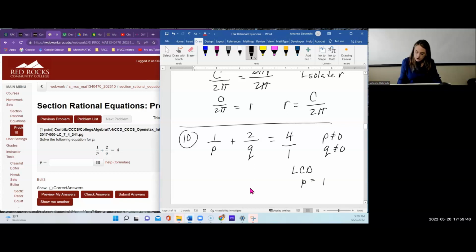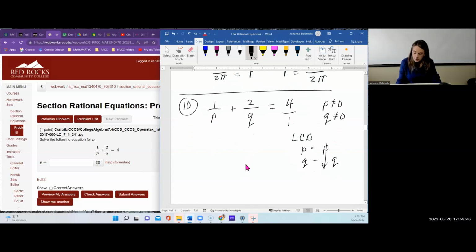P becomes, of course, just P, and Q is just Q. But P and Q are not the same. So I need 1P times 1Q. My LCD is PQ, or P times Q. Now I'm going to multiply by the lowest common denominator on each fraction, which is each term.